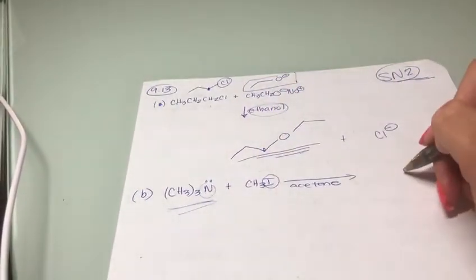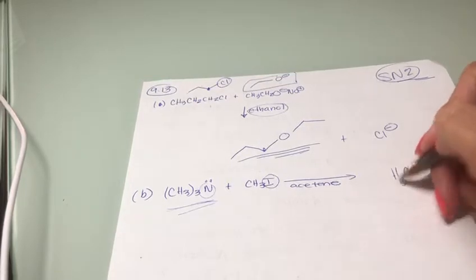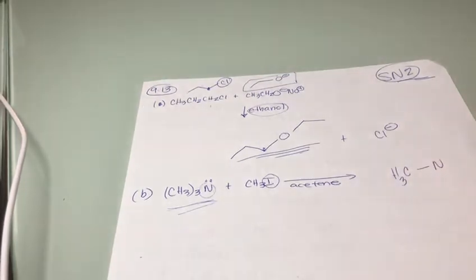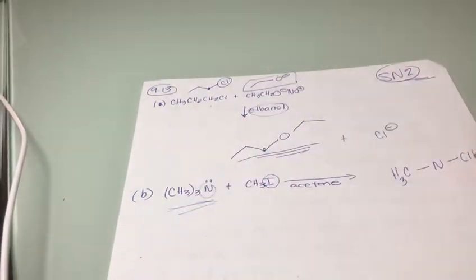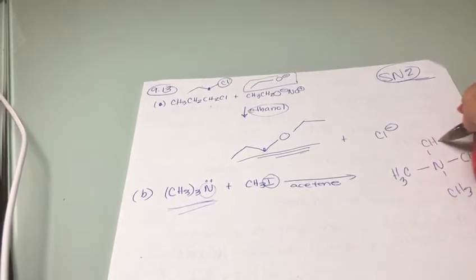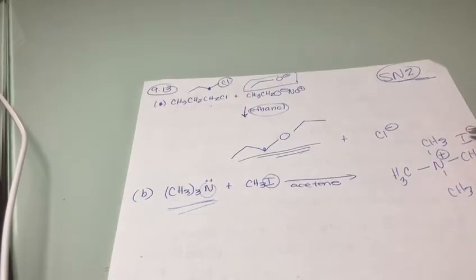So you will have the CH3, and now you will have nitrogen, but that nitrogen is attached to 3 methyl groups, so CH3, CH3, and another CH3. Because you have 4 bonds around the nitrogen, the formal charge on that nitrogen will be +1. To cancel out the balance, you can show the leaving group right next to that positive charge.